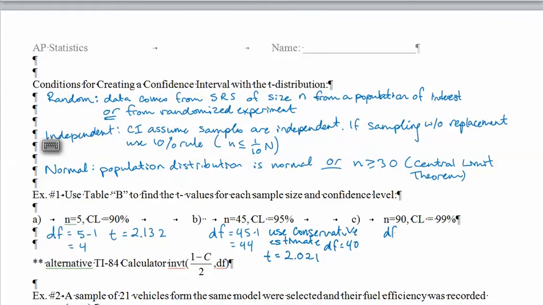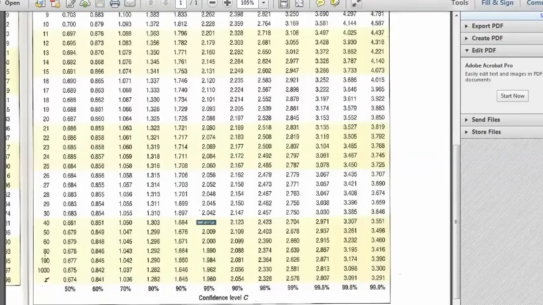For n equals 90, df equals 89. We're using 99%. We don't have an 89. We're not going to jump up to 100; we're going to be conservative and use 80. So we're going to use 80, and we're going to come along until we get the 99th.